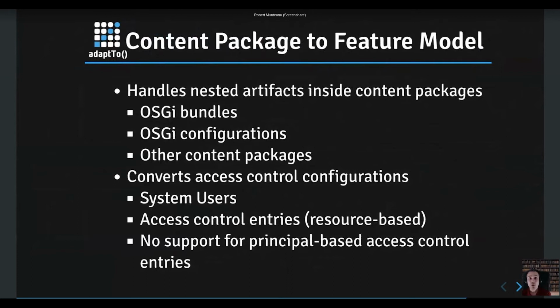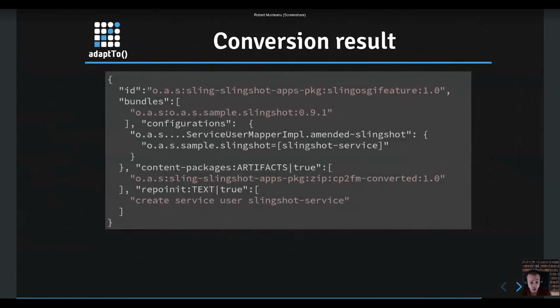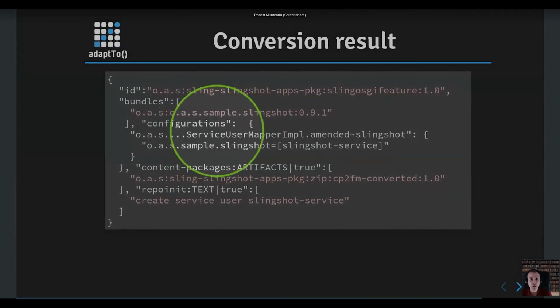So enter the content package to feature model converter, which is a command line tool that takes a content package and converts it to a feature definition that contains nested configurations, bundles, converted content packages if needed, repo init statements, which looks a little something like this, assuming you would take a content package with various embedded resources.